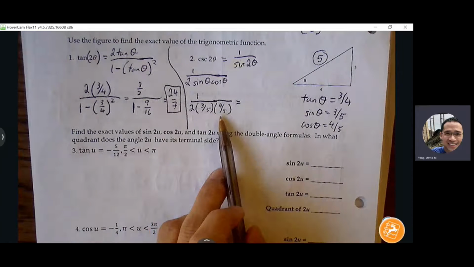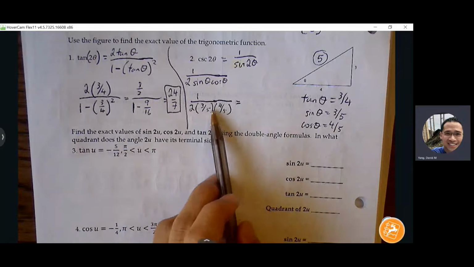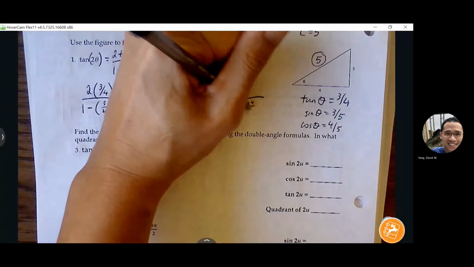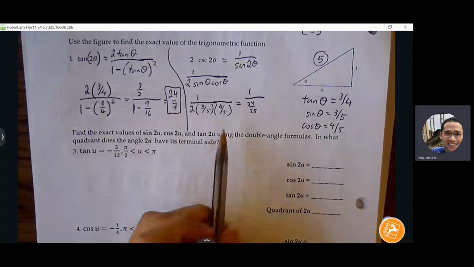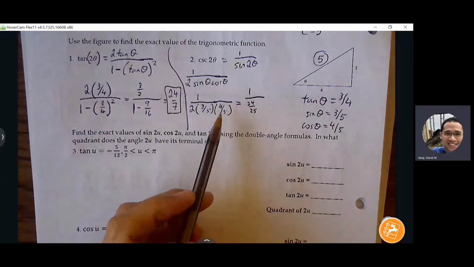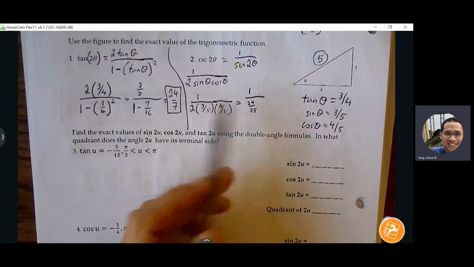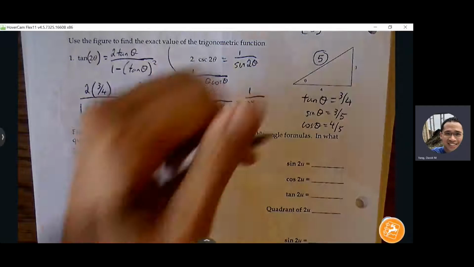This gives me 1 over 24/25. Dividing by a fraction is the same thing as multiplying by the reciprocal. If I flip this fraction up, this will give me 25/24.